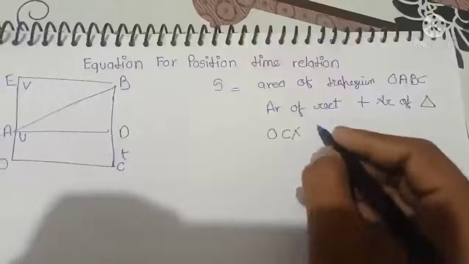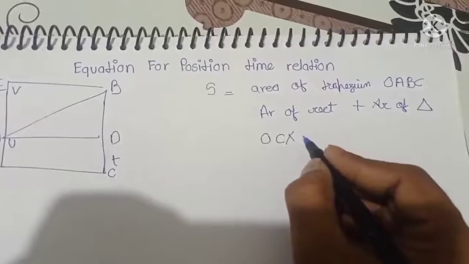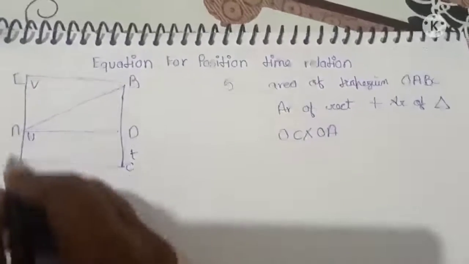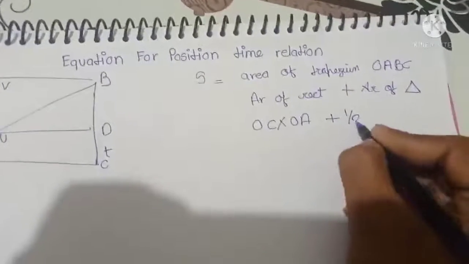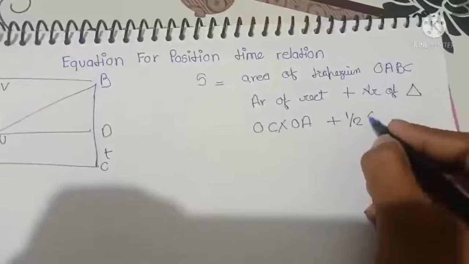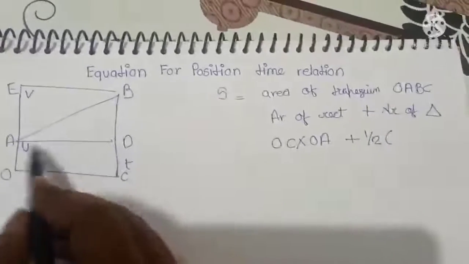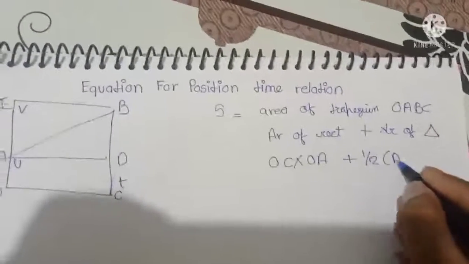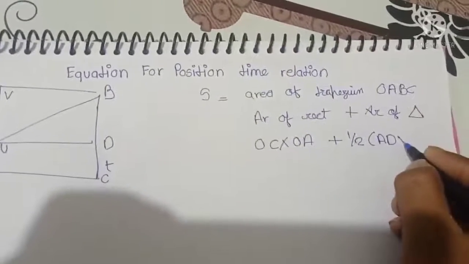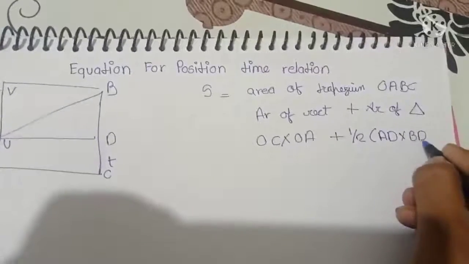According to the formula, we have OC into OA, length into breadth, plus half into base into height, AD into BD.